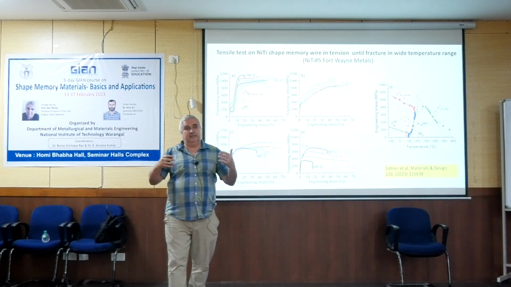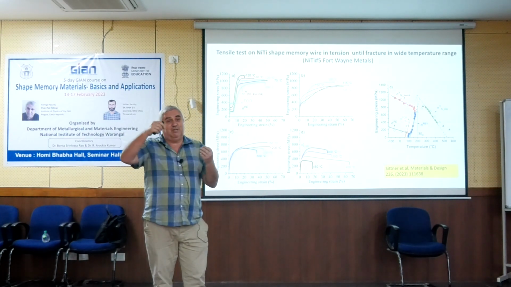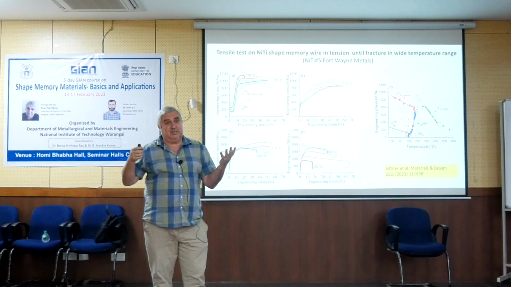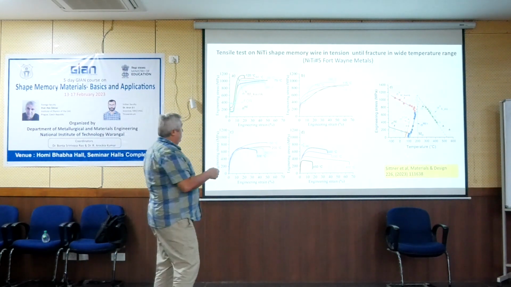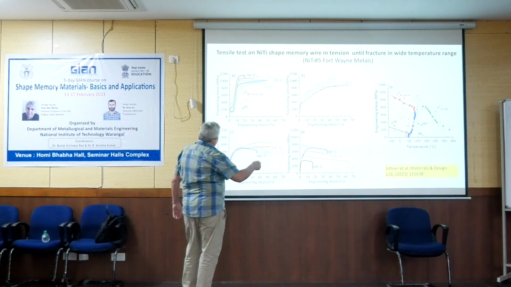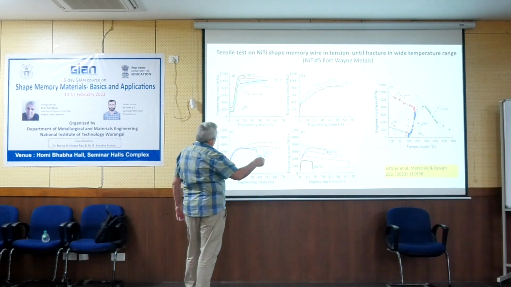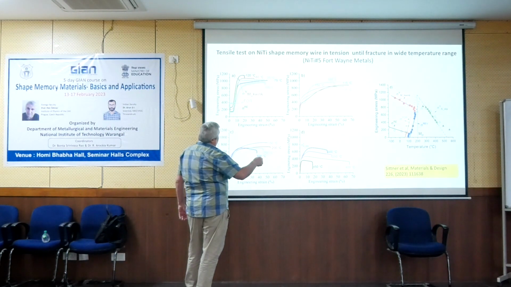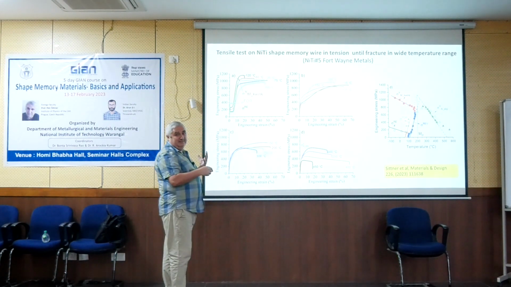I need you to understand what is happening with the wire if you deform it at high temperature, because this is the topic of including the plastic deformation. So, in fact, here the austenite transforms to martensite, but when you go to 115 and 135, together with the transformation, you will have already some plasticity.